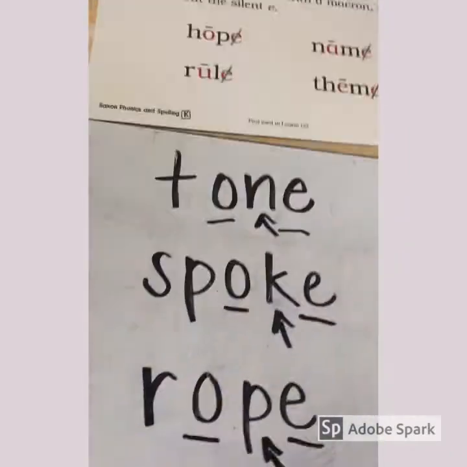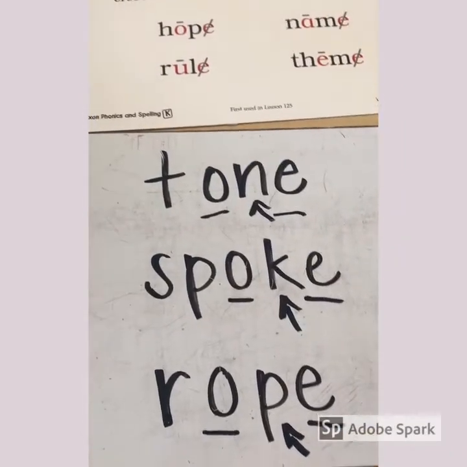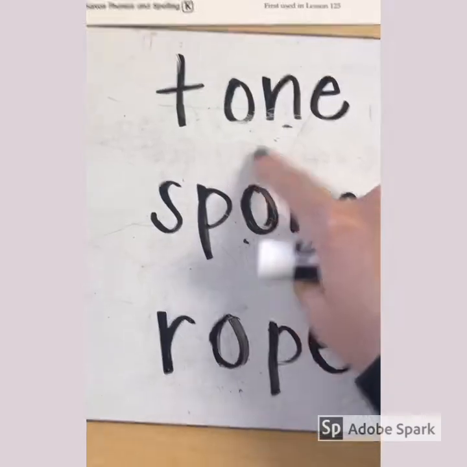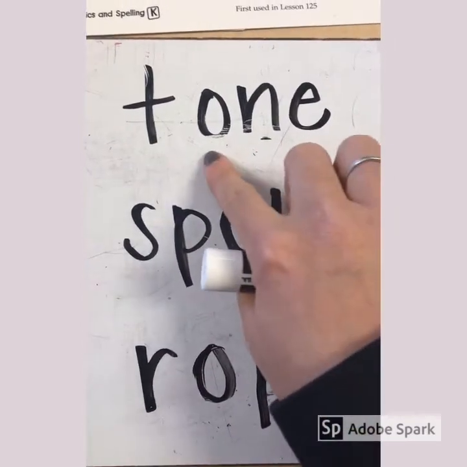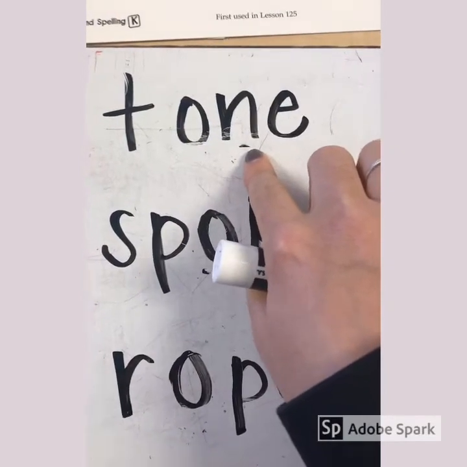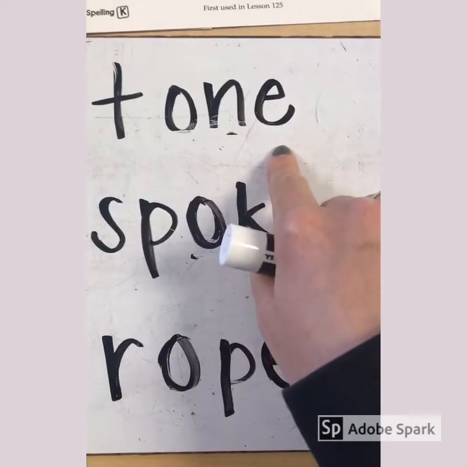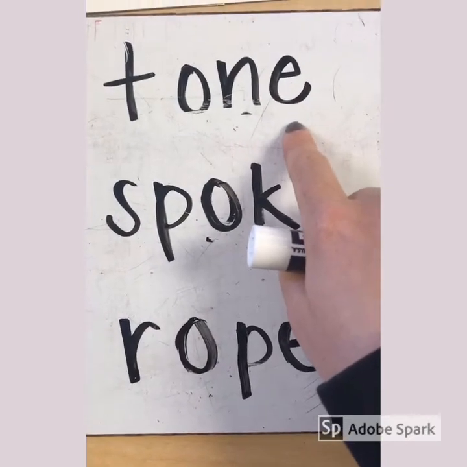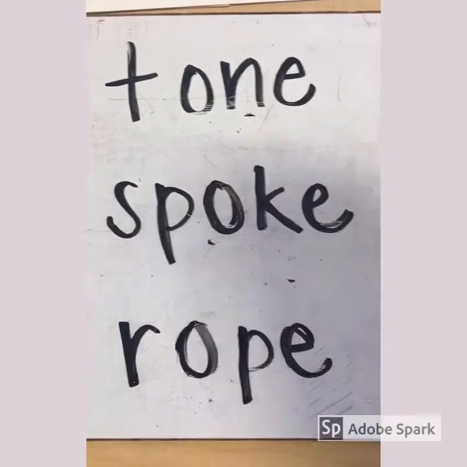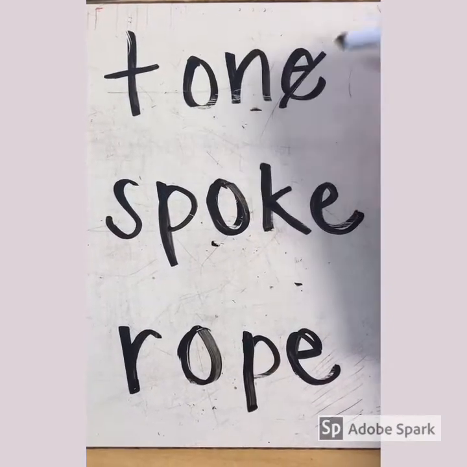I'm going to erase the arrows that I just put there. Okay, so let's look at this first word. Do you see a vowel? Yes, O is a vowel. Is it followed by a consonant? Yes, it is. Is there an E after the consonant? Yes, there is. That means this is most likely going to be a silent E. So we're going to cross it out so we remember that it doesn't make a sound.